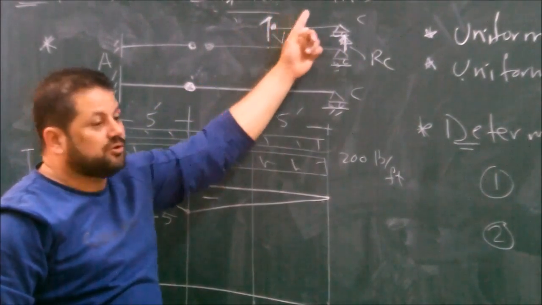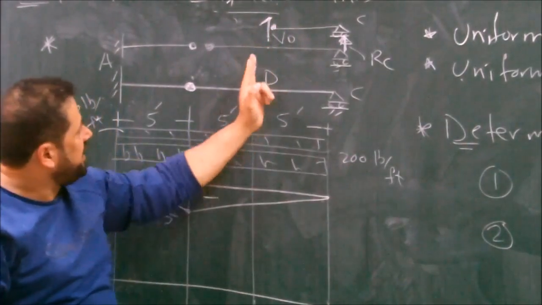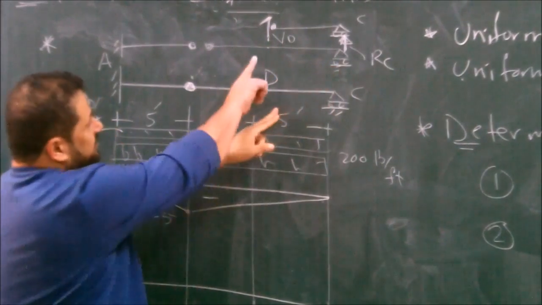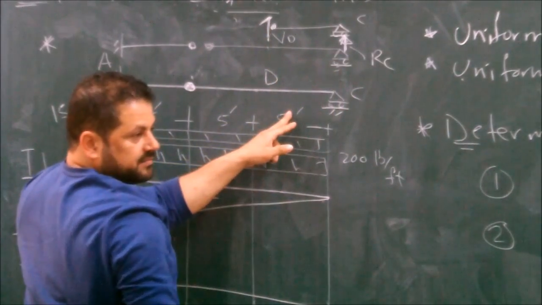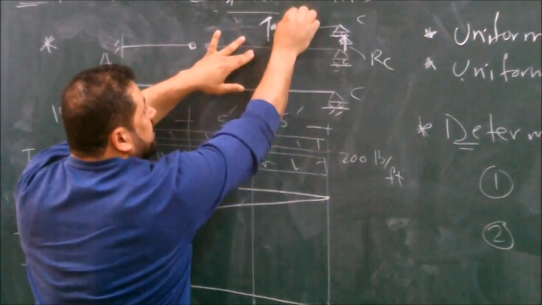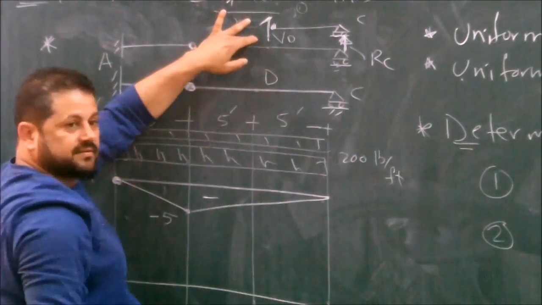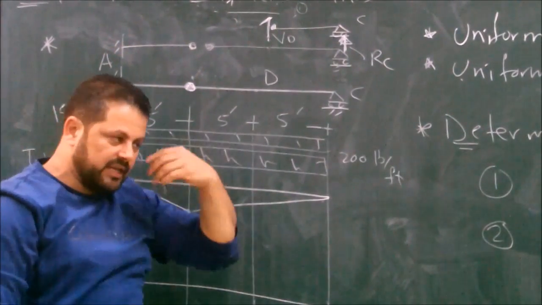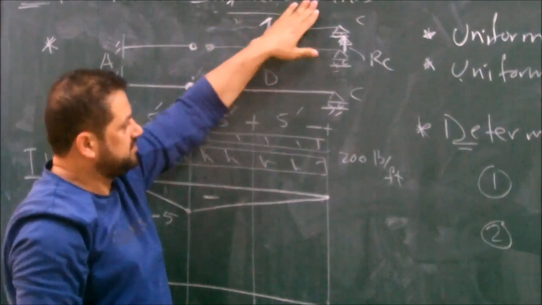Except if we have the unit load here. From here to here, VD equals minus RC. If the unit load is here, VD equals 1 minus RC. So all we need to do is find RC.